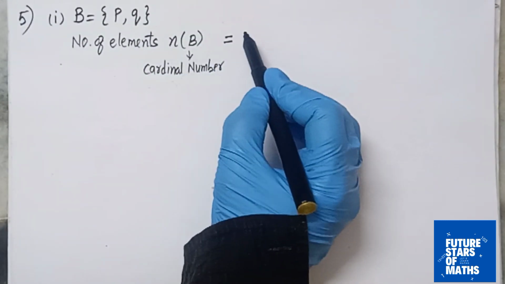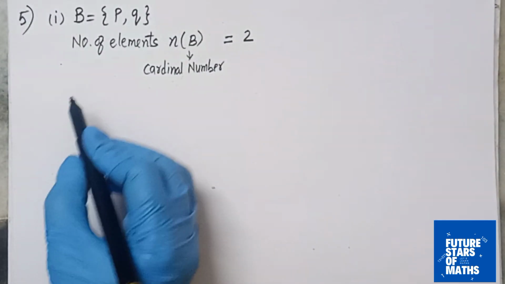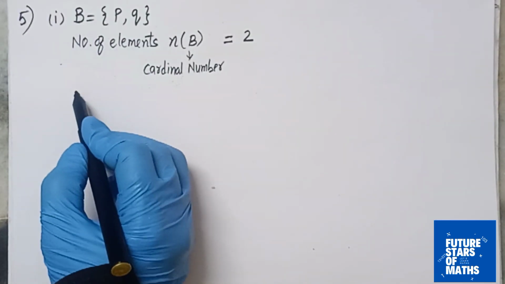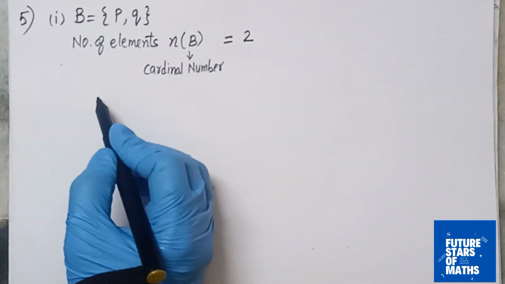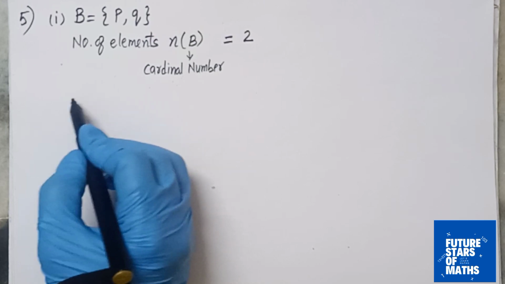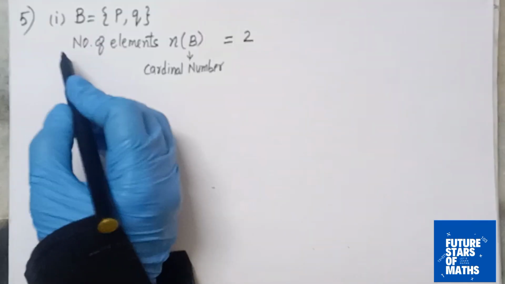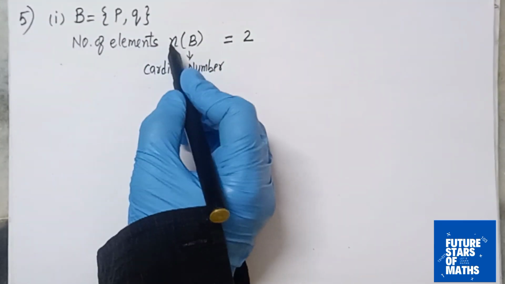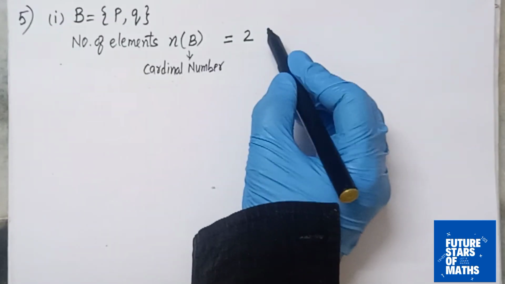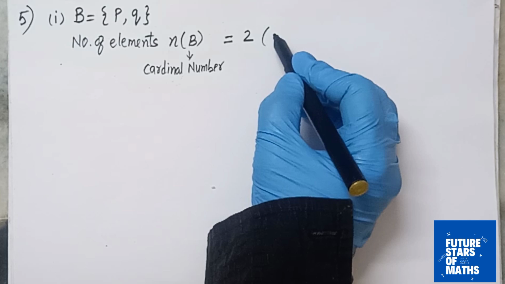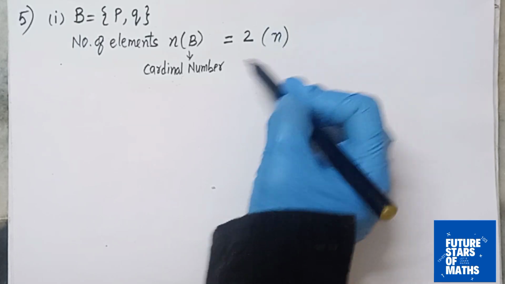1, 2. So the number of subsets for a given set depends upon the number of elements. These two things are related to each other. Suppose n of B equals 2, whatever we get, let's call this small n.